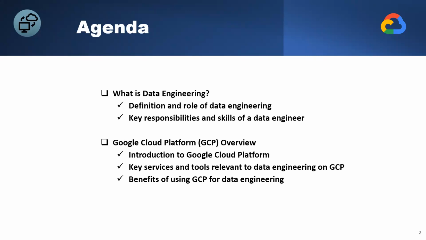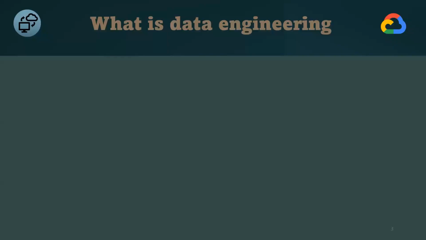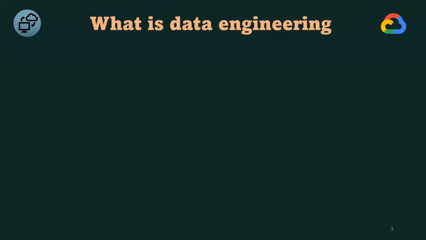So let us try to understand what is data engineering. It's very simple, guys. For example, you might know that data is generated at multiple places. Whenever you order some kind of product, say you go to Flipkart and order an item, there will be data generated.